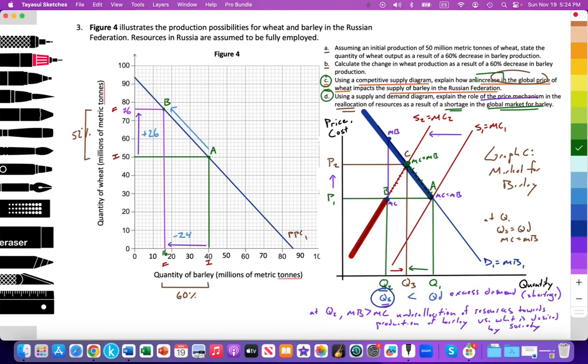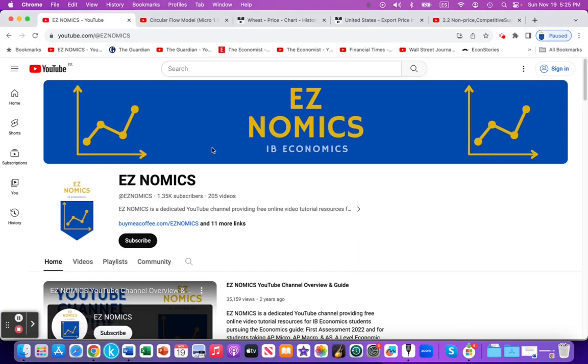So we see that decrease in supply here in that last model that we drew for question D. Supply is decreasing from S1 to S2, and that causes the price to rise for barley. So competitive supply helps us understand that, yes, the wheat price can go up, and then it can also cause the barley price to go up due to the decrease in supply, and we can see that in the real world.